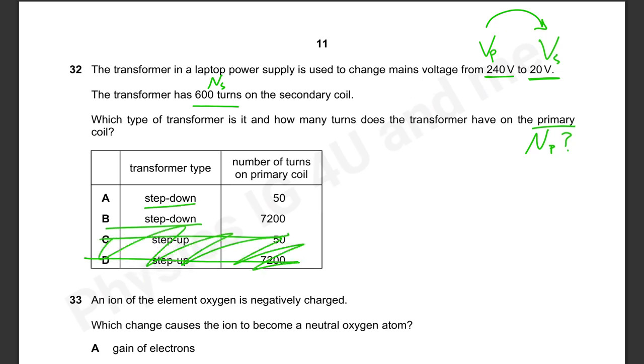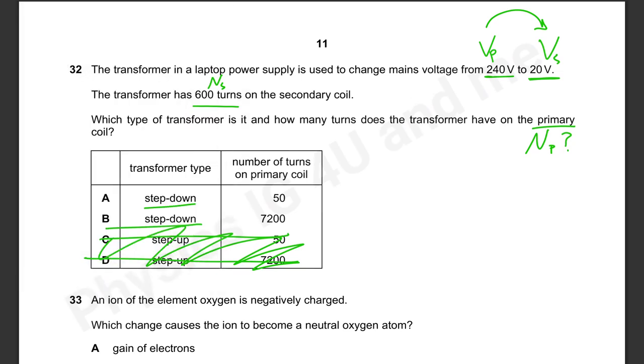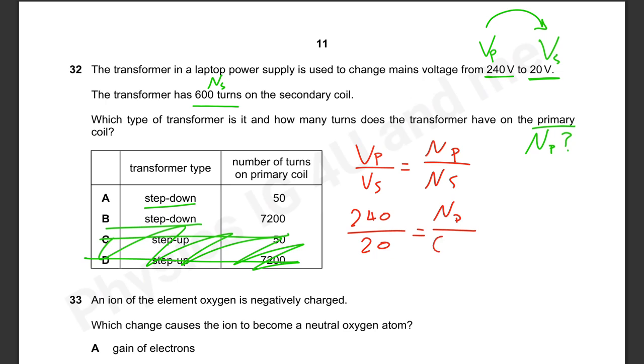I hope it's clear so far. Now I need to calculate the number of turns in the primary. I know already Vp over Vs equals Np over Ns. Let's substitute the numbers. VP is 240, VS is 20, NP I don't know, NS is 600.